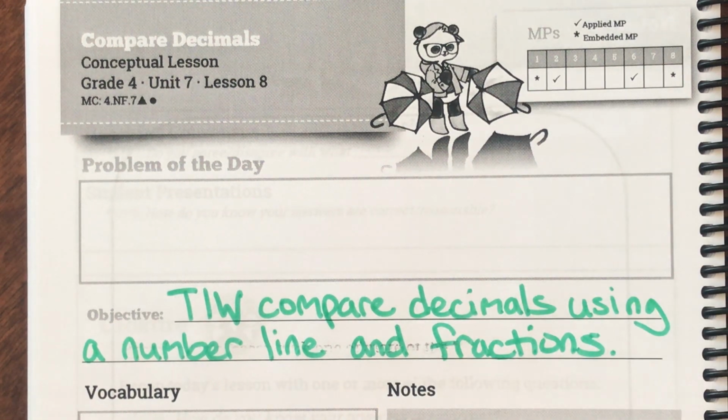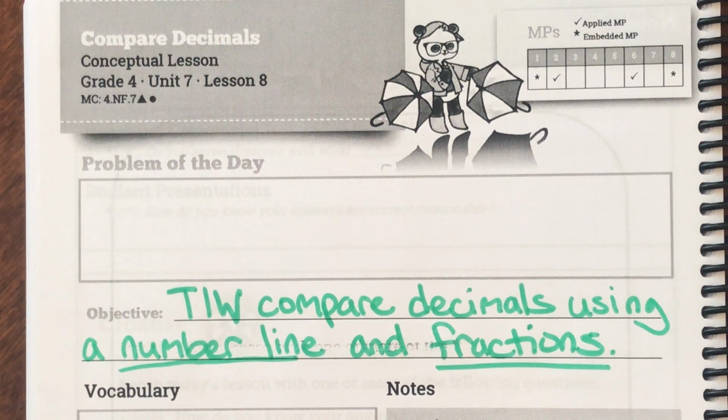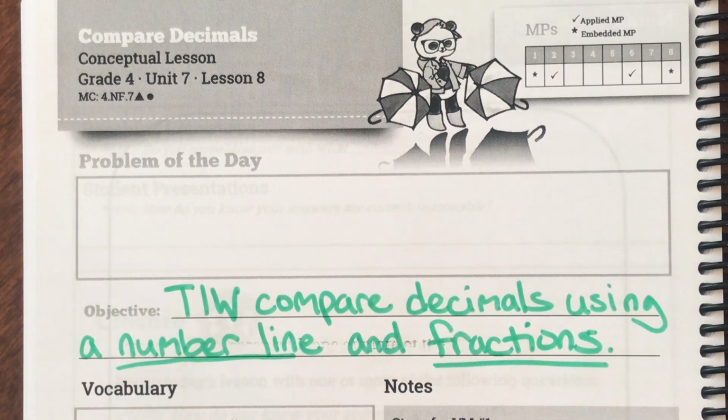Okay, so let's look at that. Today I will compare decimals using a number line and fractions. So we're going to use two different strategies to compare decimals.